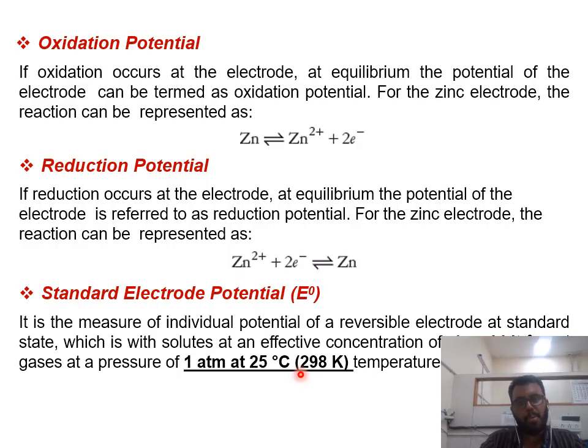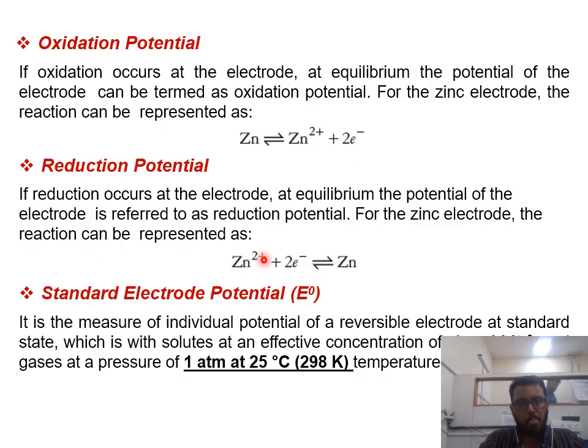Oxidation potential, from the name you can say, occurs at the anode. Oxidation occurs at the anode. As a result, if oxidation occurs at the electrode at equilibrium, the potential of the electrode can be termed oxidation potential. Zinc is a classical example. Zinc acts as an anode where zinc oxidation happens in a two-electron process, and zinc ion is formed.